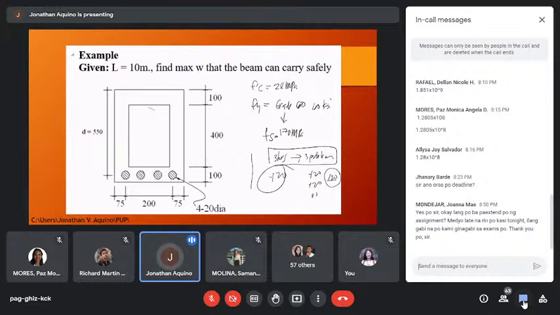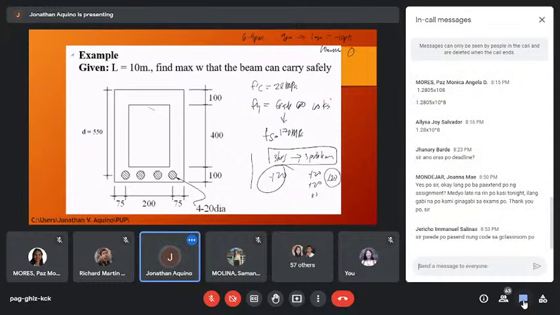Yung deadline, halimbawa 6 to 9 p.m. yung exam natin, dapat on or before 9 p.m., nasubmit nyo na lahat. Otherwise, every minute of late is equivalent to deduction of 10 points. Halimbawa, nasubmit mo siya 10 minutes late, 0 ka na, wala ka nang points.